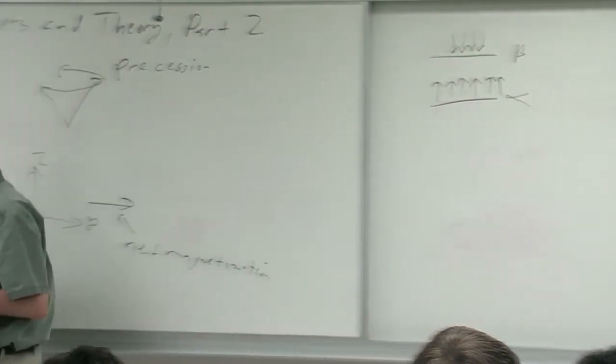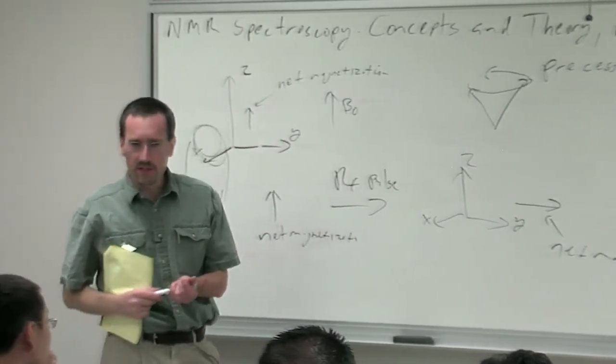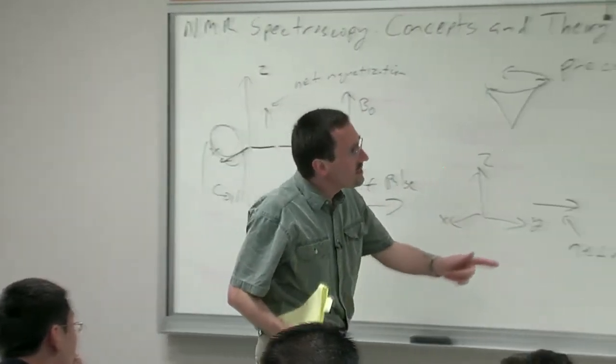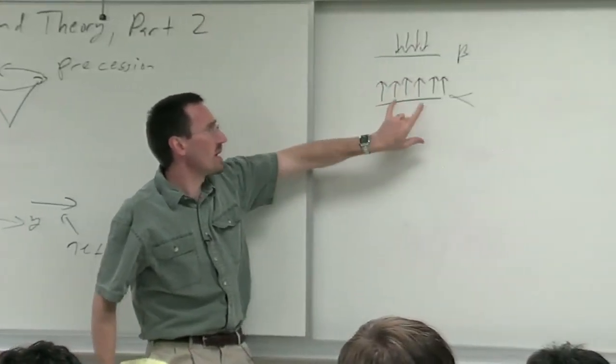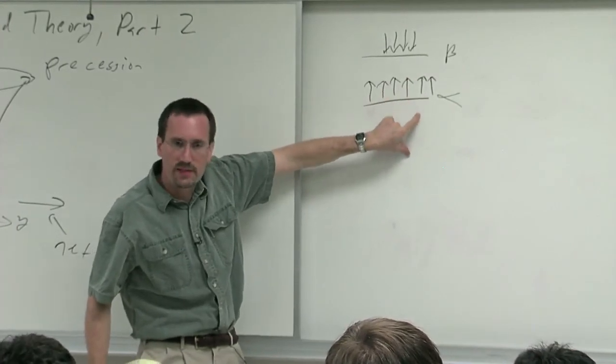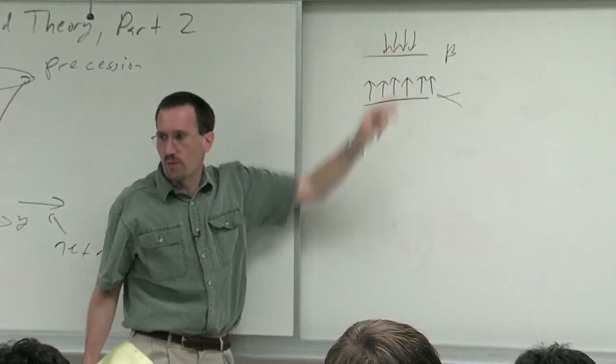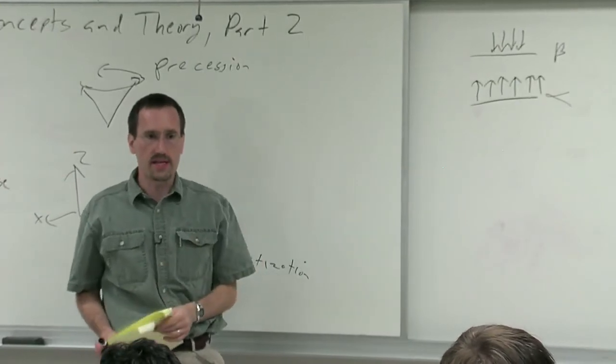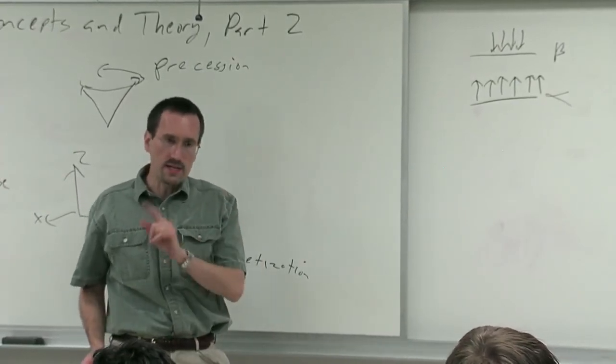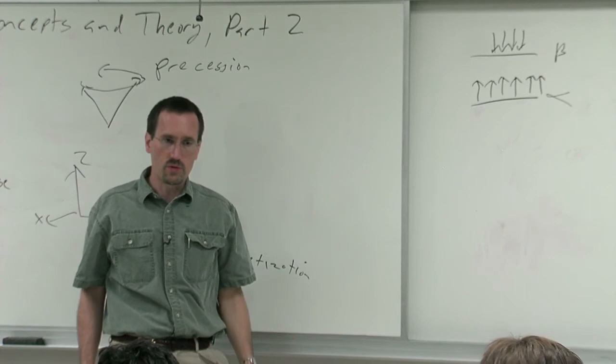To represent this minuscule difference in population, for the purpose of my drawing I drew 6 with spin up in the alpha state and 4 with spin down in the beta state. Individual nuclei, right? Those are representing exactly the spins of individual nuclei.